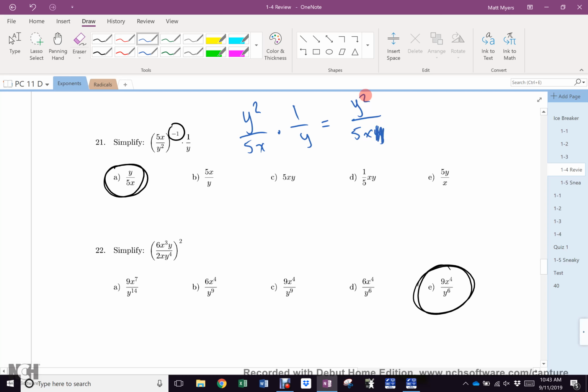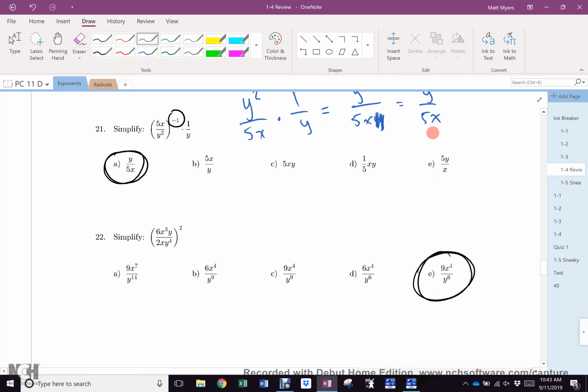Cancel one of those y's, and I've got y over 5x. Negative exponents are the death of a great many of you because you forget to flip it. 22 is good? Okay.